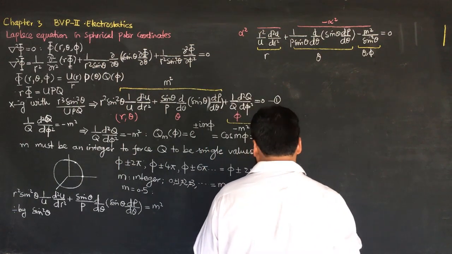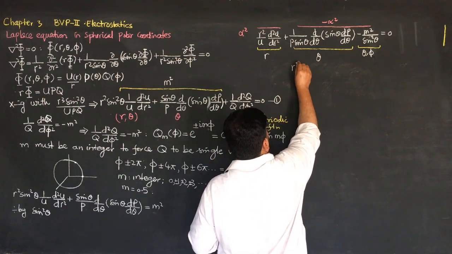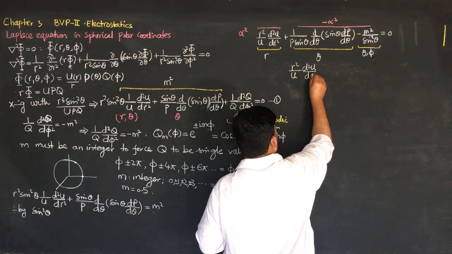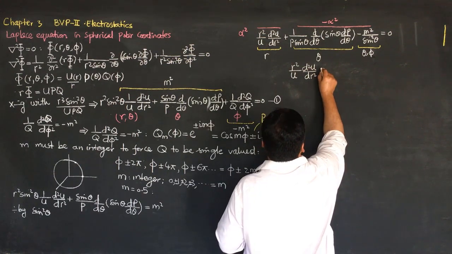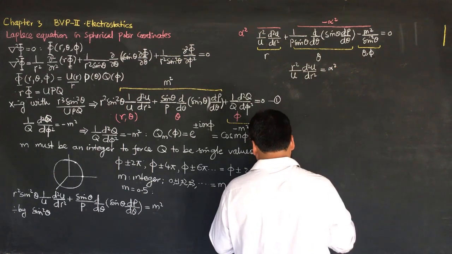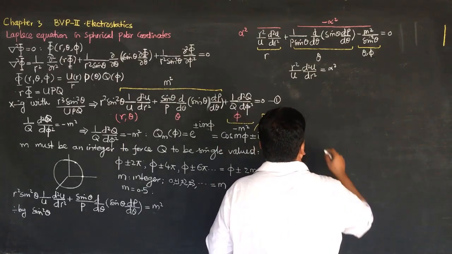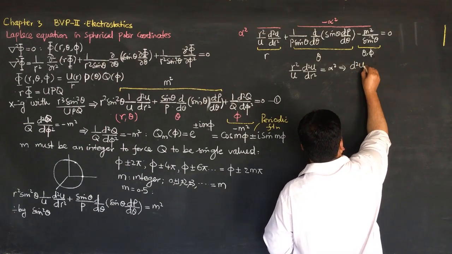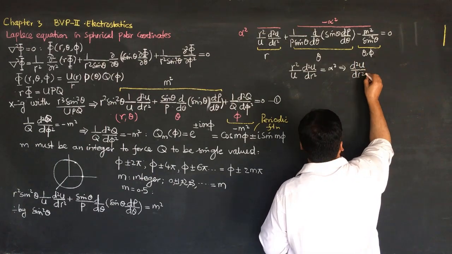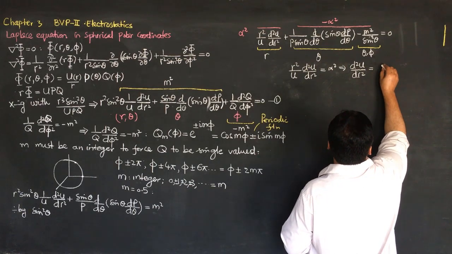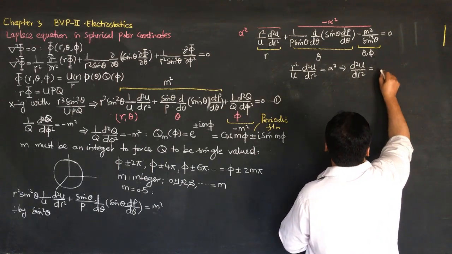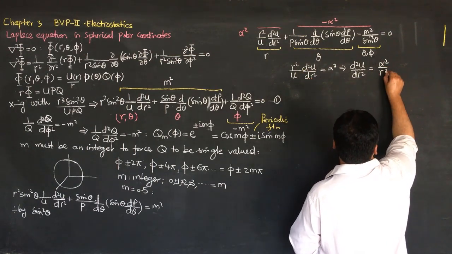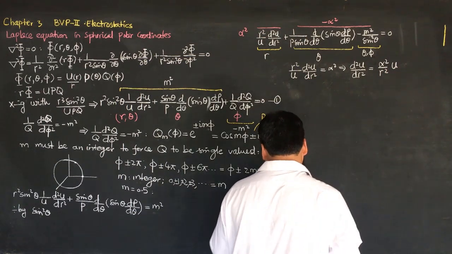So let's start with this, that r square over u, d square u over d r square is equal to alpha square. So further I can then write that d square u over d r square is equal to alpha squared over r squared and u of r.